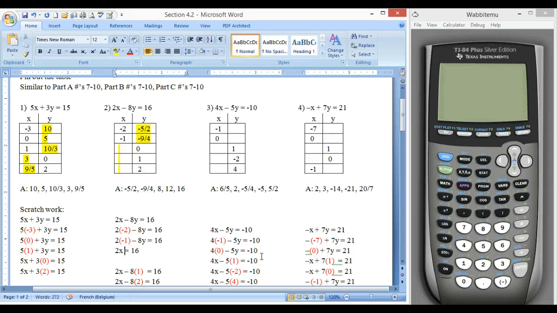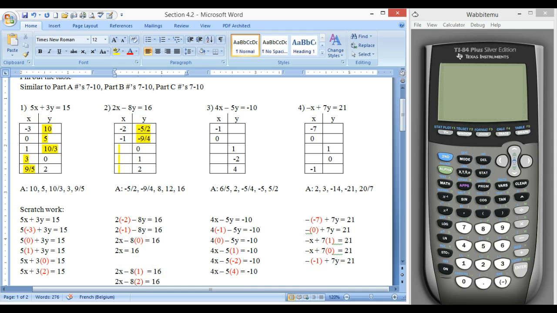I'm going to do that on the next step though. So we get 2x equals 16. And to solve for x, we divide both sides by 2, which leaves me with x equals 8. And we'll put 8 here. And I'm going to delete this, get us back on track.